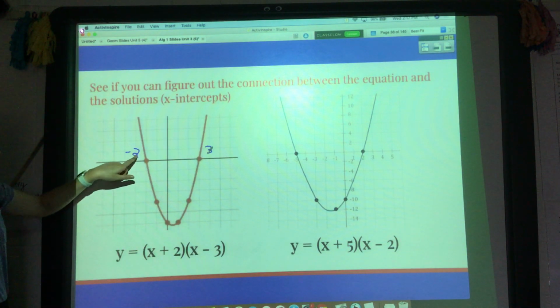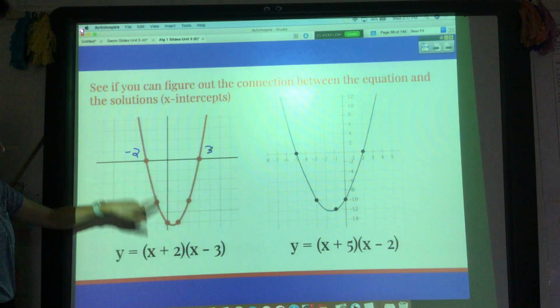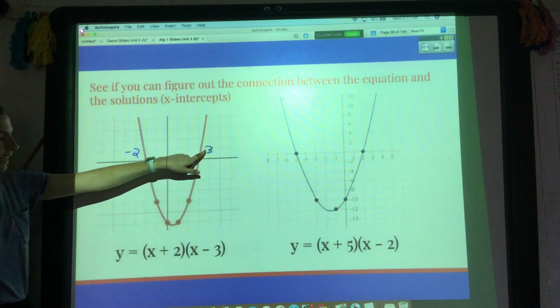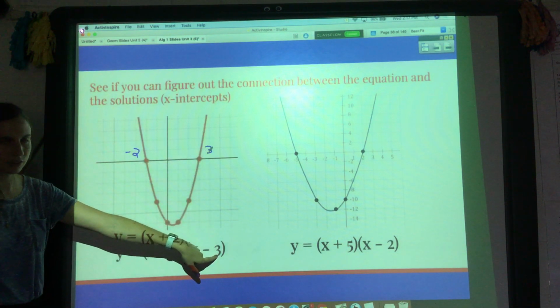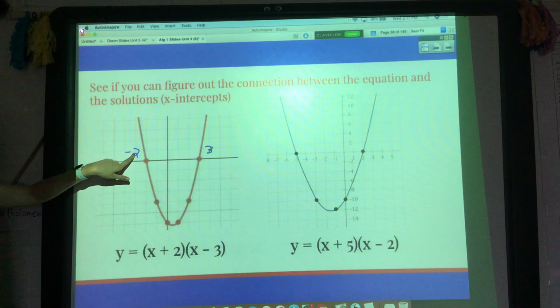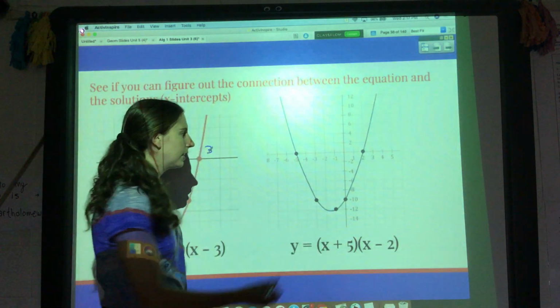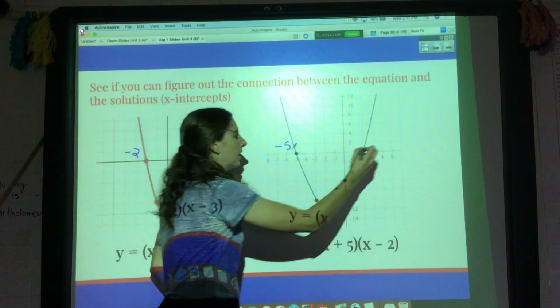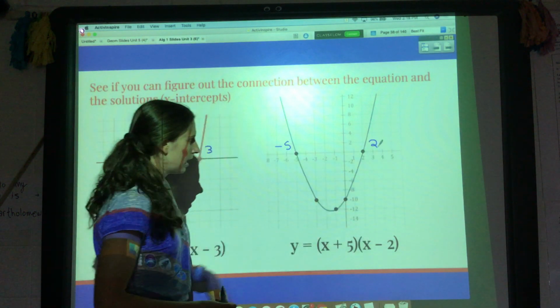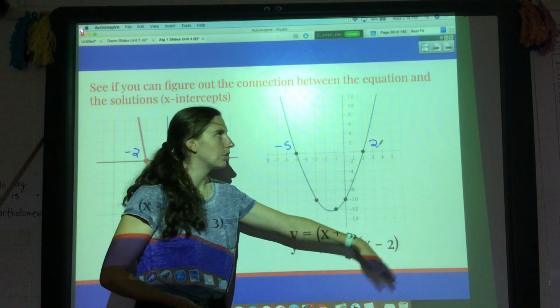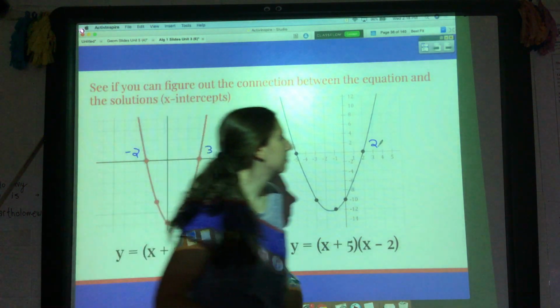You may notice the solution is just the opposite of the factor. Same thing here. If I have positive 3, I've got negative 3 as a factor. Negative 2 is a solution. Positive 2 is a factor. The same thing happens here. Negative 5 and 2 are the solutions, and then positive 5 and x minus 2 are the factors.